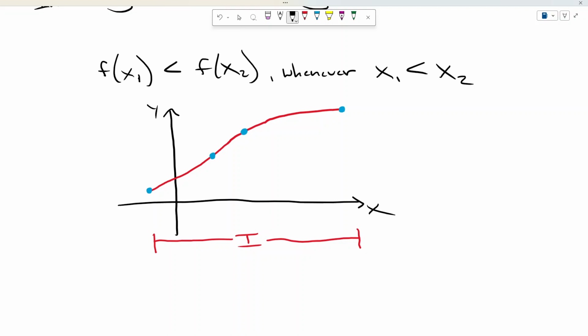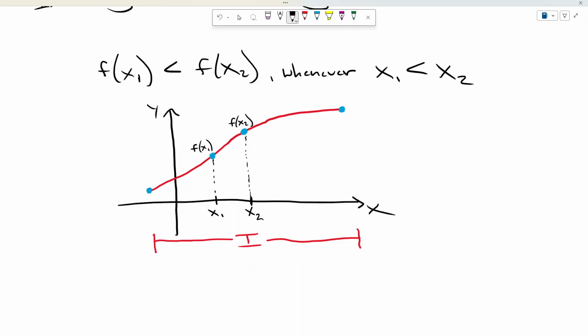So if we said that this is going to be our x1, and then this one is our x2, and then that'll make this point f of x1 and f of x2. So now we can make a little more sense.